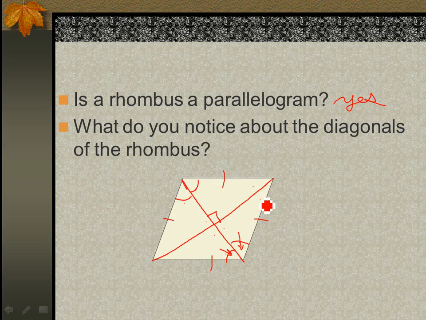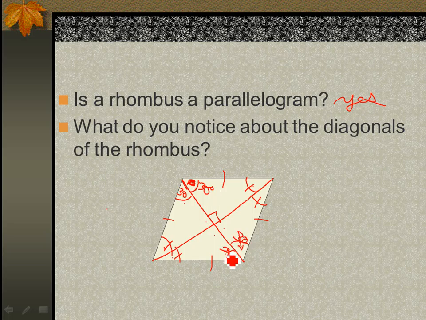Guess what's true about all four of these others over here? They're all the same also. So if I told you this angle right here was 30 degrees, what would this angle right here have to be? 30. Now my picture doesn't look like this, so it's all messed up.